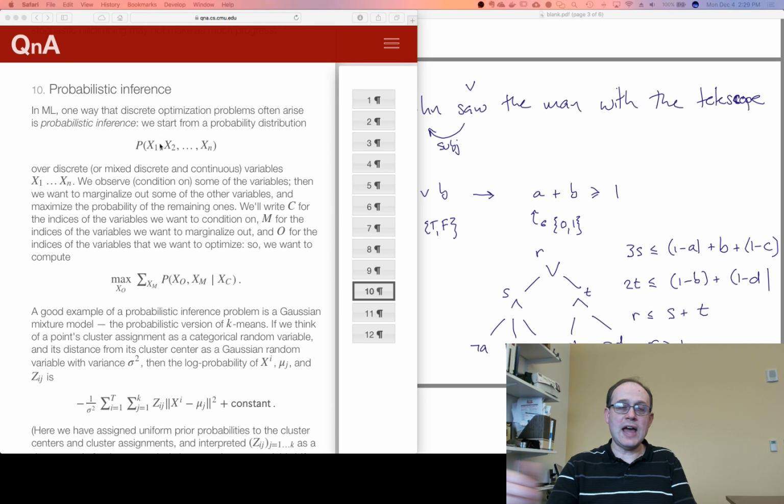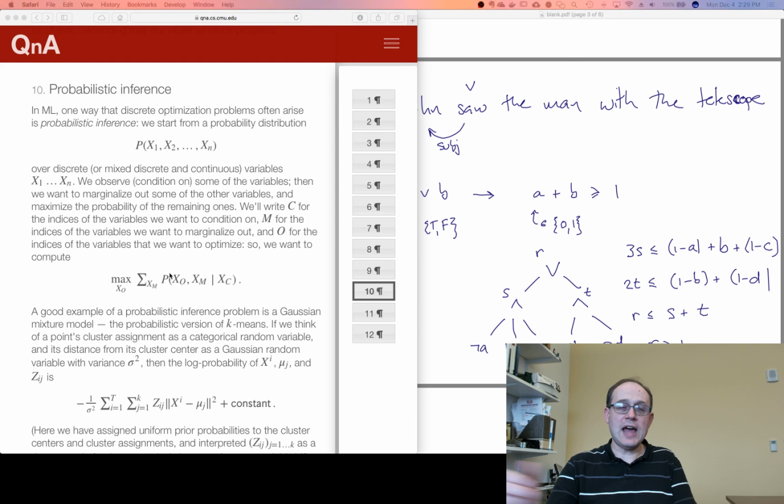We observe some subset of the variables. Let's say C for conditioning to indicate the indices of the variables we observe. We want to marginalize out some of the other variables, so we don't care about their values. We just want to get rid of them. And O for the variables that we want to optimize. So M is going to be the subset that we want to marginalize, and O is going to be the subset we want to optimize.